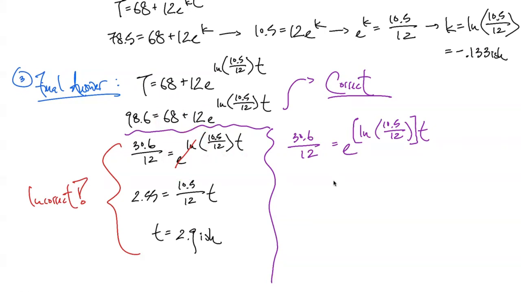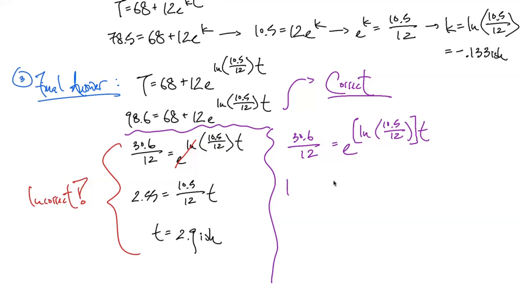And as such, I'm going to have to log both sides. Okay, so I'm going to natural log both sides. That part will stay the same, except I won't get rid of the natural log here. There'll still be a natural log of 10.5 over 12 on the right-hand side.